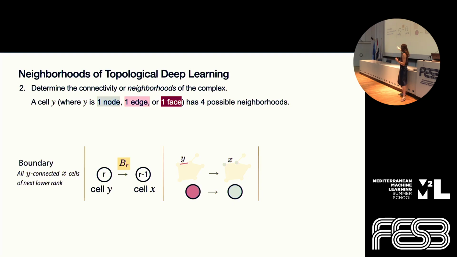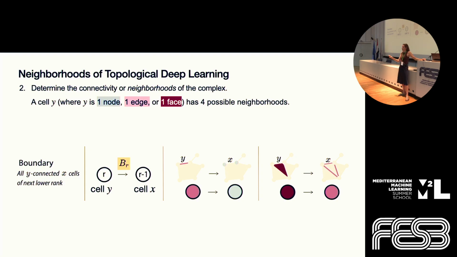The boundary of a cell Y is all the cells X of lower rank that we determine to be bounding that cell Y. So for example, the boundary of this edge Y are the 2 nodes X that are not really showing up very well on the slide. The boundary of that face Y are all those edges X.